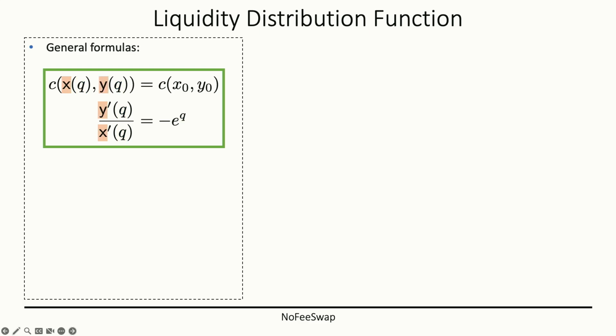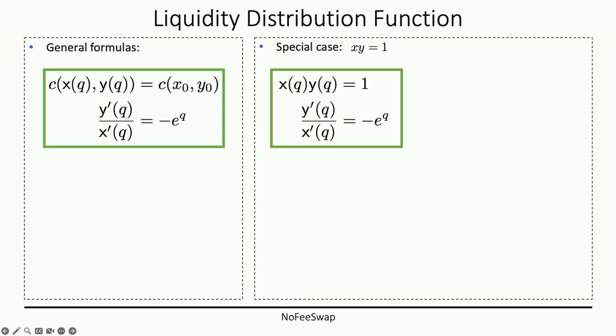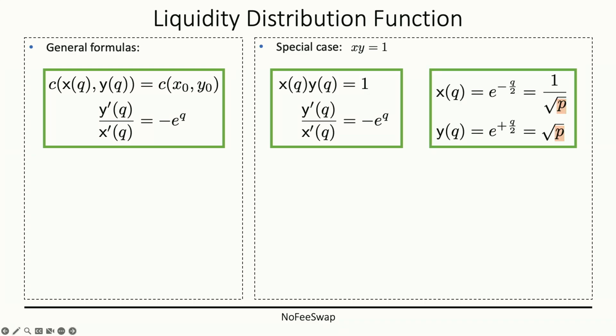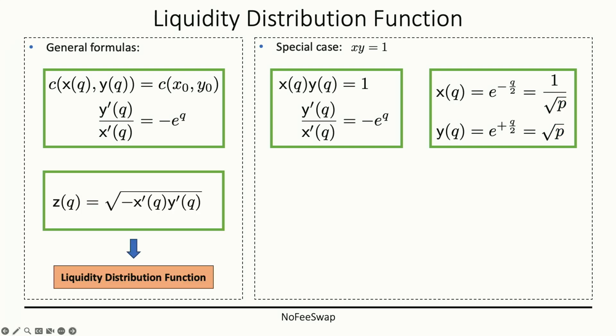And x and y functions represent the reserve values corresponding to every possible price movement. For the xy equal to 1 curve, this would look like this. Once solved, you will have the token amounts with respect to the actual price values. And then this formula tells you exactly how the liquidity is distributed.